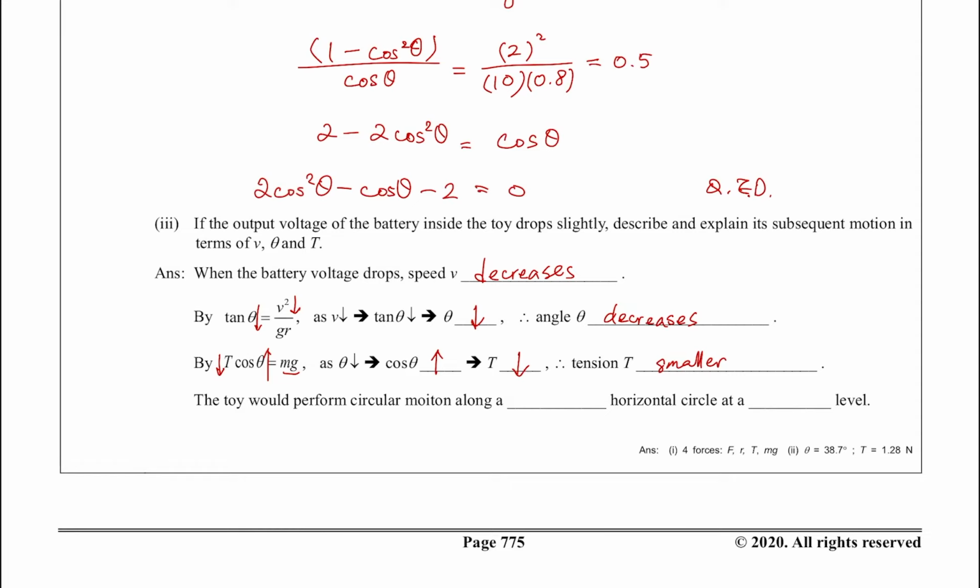And so, therefore, we know that the toy will perform circular motion along a smaller horizontal circle.